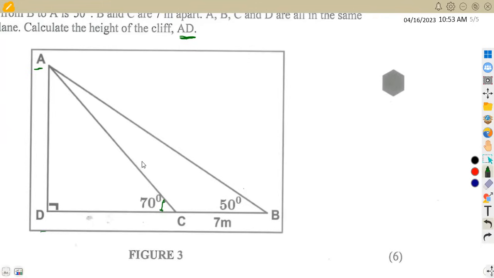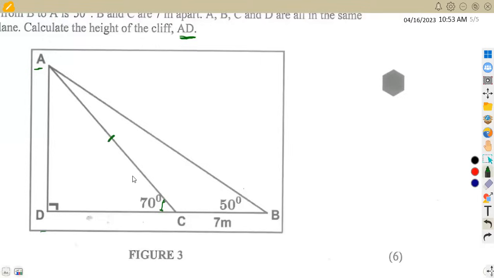So what we can do is work with the triangle ABC and try to calculate any of these sides. We can try to calculate either this side AC, or we can try to calculate AB. If we can calculate AB, then it is going to help us to calculate AD from our trigonometrical ratios. If we can calculate AC, it can also help us to calculate AD from our trigonometrical ratios again.